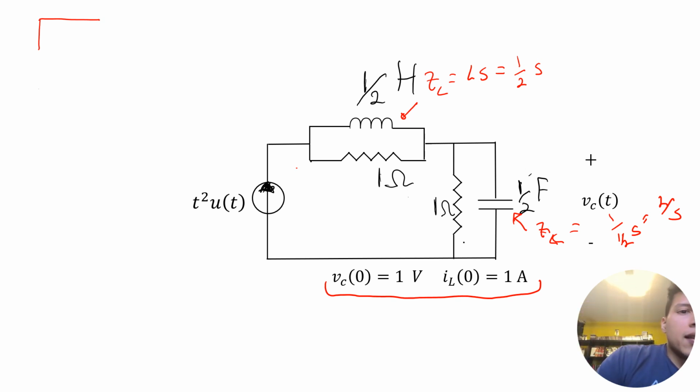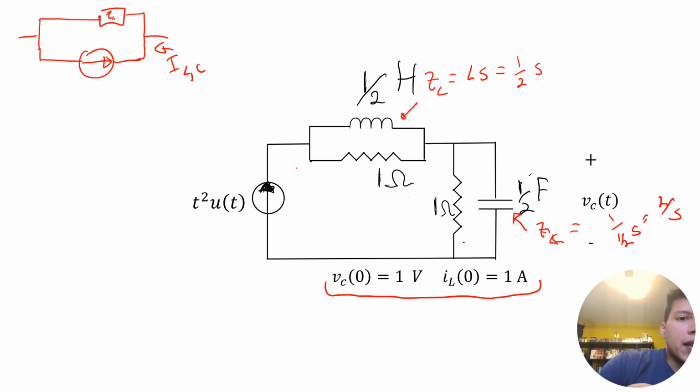The parallel model would involve a current source along with your impedance. Let's say this is the I for either the inductor or capacitor, and this is Z for either the capacitor or the inductor, doesn't really matter. Then you're going to have a current source that for each of these two types of elements is going to be different. And the way you derive this current source is by basically deriving the two equations.